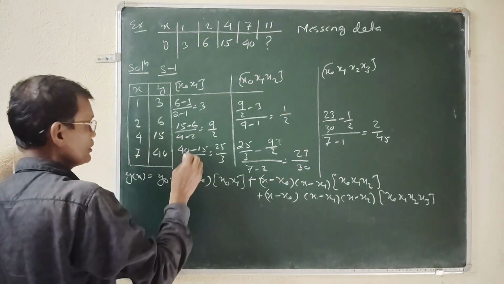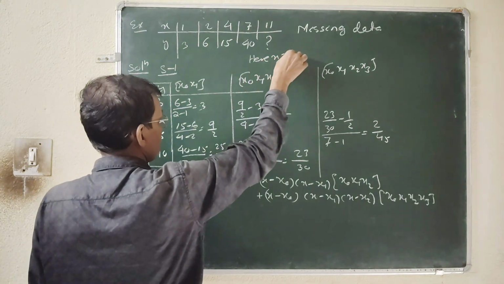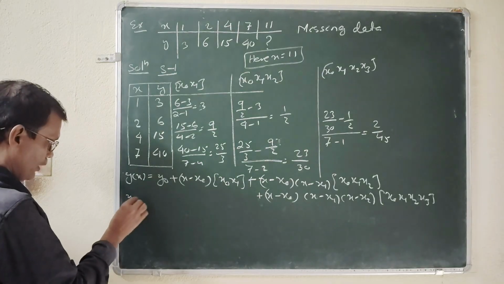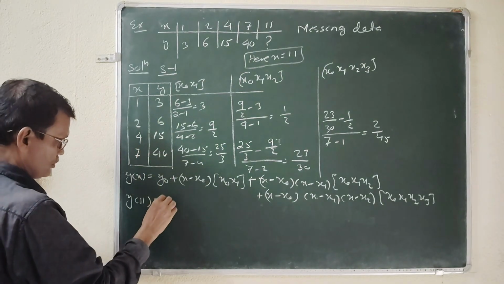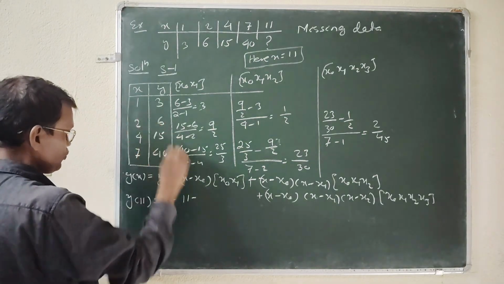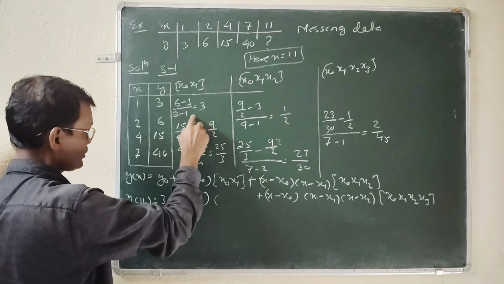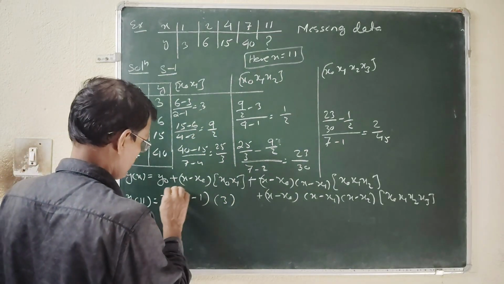So for this case, x is equal to 11. We have to find y at 11. y0 is 3 plus x minus x0, where x is 11 and x0 is 1, into x0, x1, that is 3.